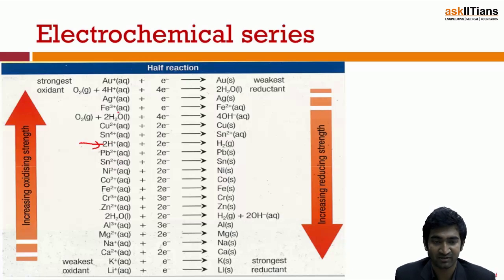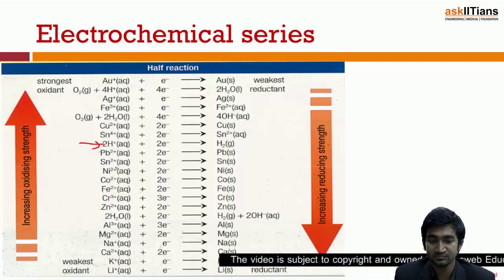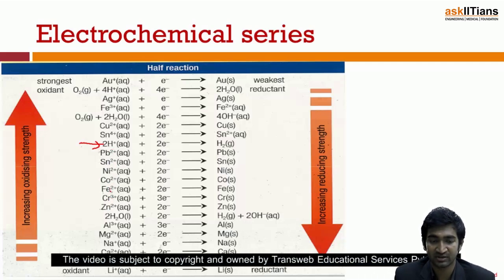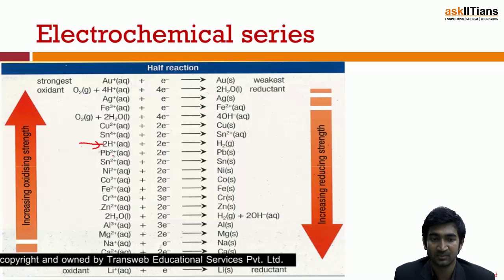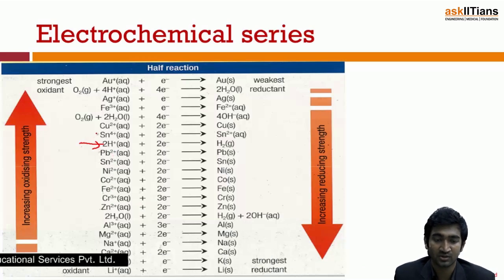Also, the question of Fe3+ and Fe2+ comes to mind. So Fe2+ will replace the above ones, so hydrogen, but Fe3+ will not. Also, here I have Zn2+, here I have Cu2+.